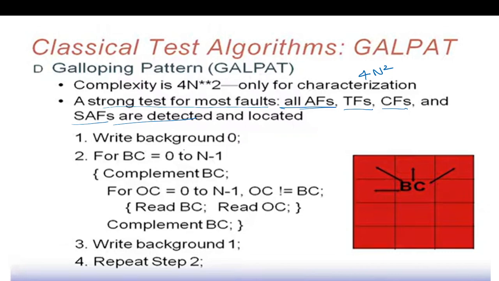So it's like write the 0 to the background. BC is the base cell and OC is the other cells. For the base cell equal to 0 to n minus 1, complement the base cell. For OC equal to 0 to n minus 1, OC not equal to BC, read the BC and read the OC. So write the background 1, and repeat the same steps.